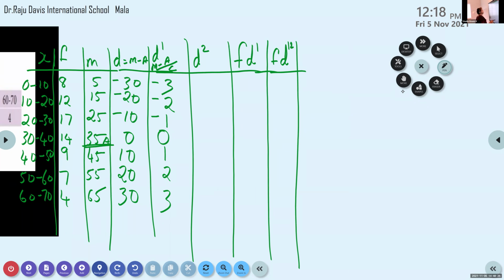Rahul, tell me D square, what is that? First one. This is D dash square. What will come?